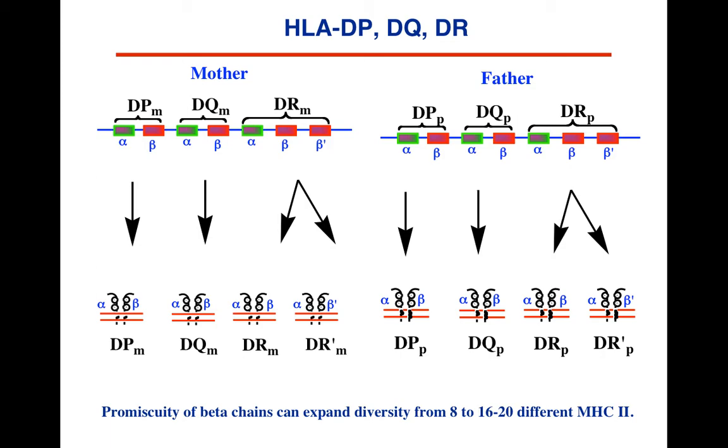And so what you find is that the antigen processing cells have a great range of different peptides that they can take up and then present to T cells, right?